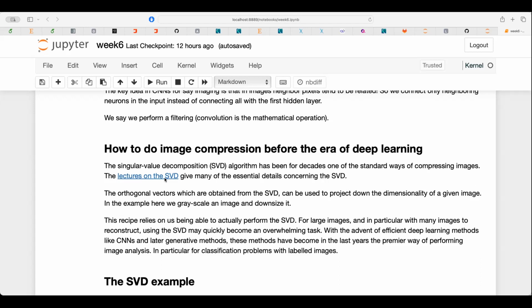However, you have to do the singular value decomposition. So you have to have performed the linear algebra exercise of the singular value decomposition, and you need to keep all the information about the 100 vectors. If you have a square matrix which is 100 by 100, then the two orthogonal matrices will have the same dimensionality.